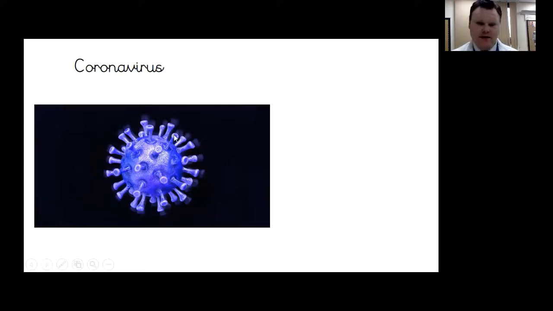And it's that, as it attaches to your own body cells, that is how it uses your own body cells to replicate itself. So viruses are incredibly clever, but of course they are incredibly harmful, and particularly with coronavirus at the moment, causing so much harm to people, making people very unwell, and unfortunately taking many people's lives as well.